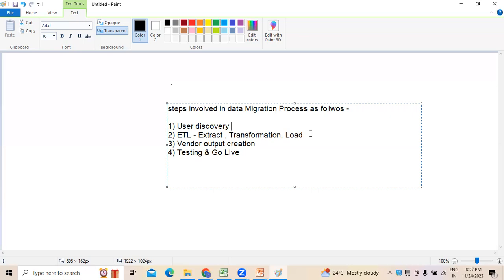So this is the complete understanding of the data migration process.